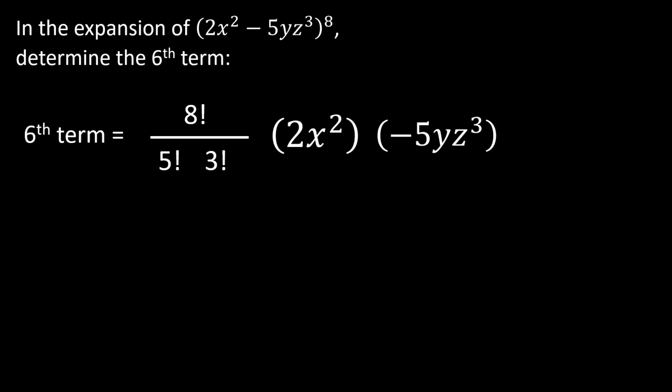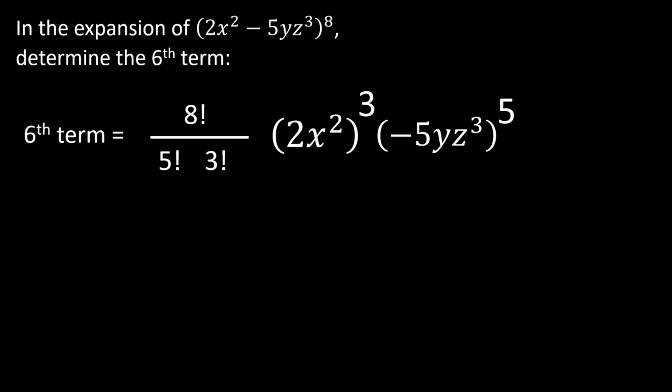In our denominator, the first written is 5, and the second is 3 factorial. When it comes to our factors 2x squared and negative 5yz cubed, there will be a twist. Instead of writing the sequence 5 and 3, we write them in this sequence, 3 and 5. 3 will be the exponent of 2x squared, while 5 will be the exponent of negative 5yz cubed.